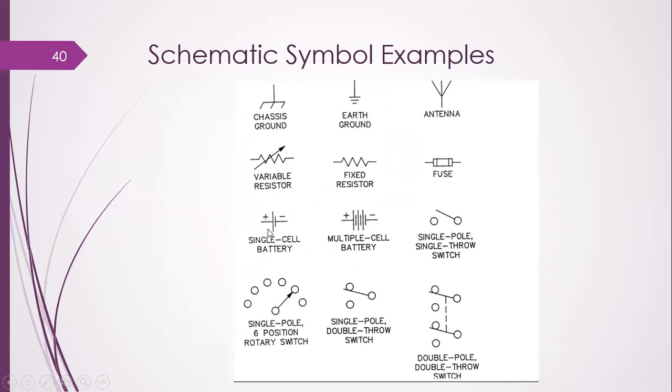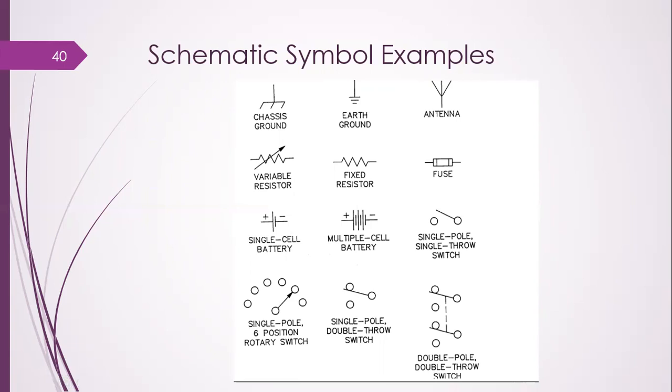It looks like this. And if we have multiple cells of battery, then it changes from this symbol to this one. A single pole single throw switch would look this way. And a single pole 6-position rotary switch, which is a meter selection or phase selector switch, can also be an example.